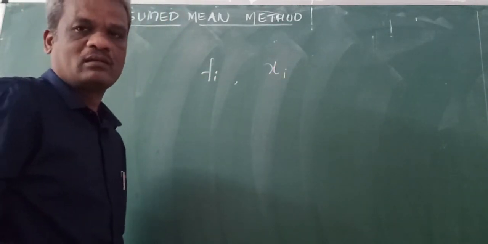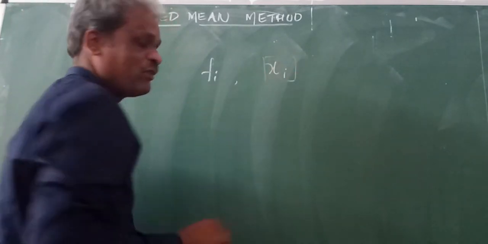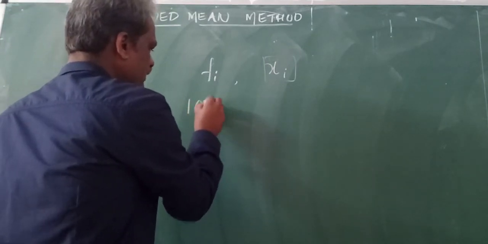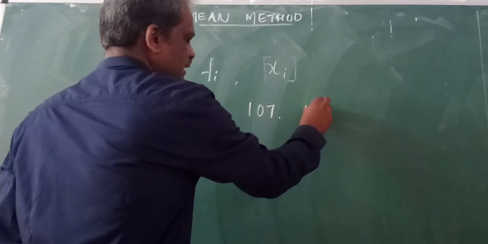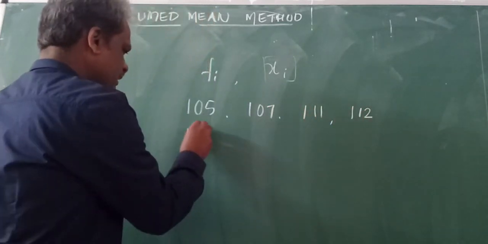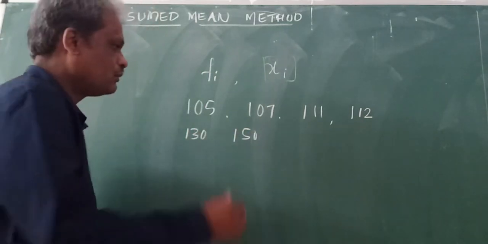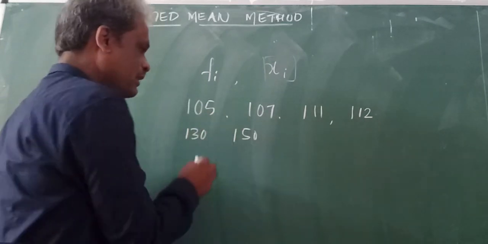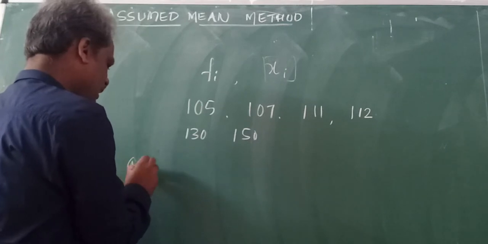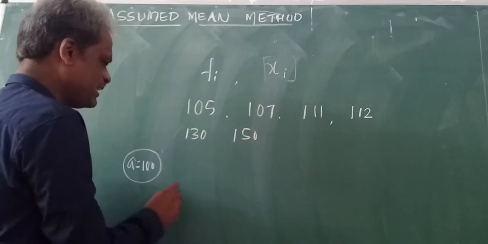The marks are the data, and with the data we can bring change. For example, if some data is 105, 107, 111, 112, 130, 150, I can subtract 100 from each, assuming that A is the mean value, 100 is some assumed mean value, and find the deviation from this.